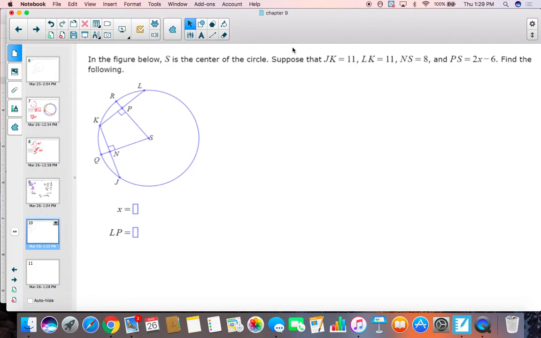Let's start with our chords. JK is equal to 11. LK is equal to 11. And then let's move on to NS and PS. Well, NS, they say, is 8.